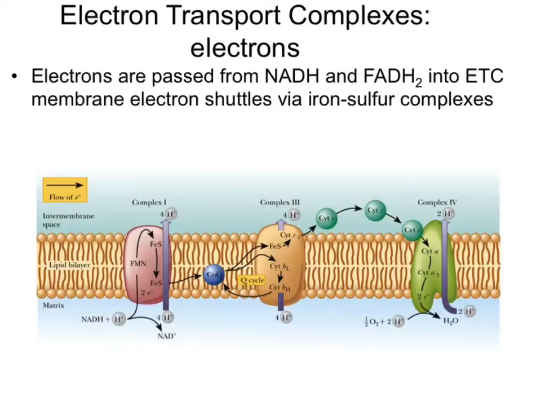Again, NADH comes in, transfers to our FMN, iron-sulfur complex. That iron-sulfur complex in its excited state allows for the transfer of electrons. The electrons can then get picked up by CoQ. CoQ then goes over, reacts with our complex 3 in 2 locations.